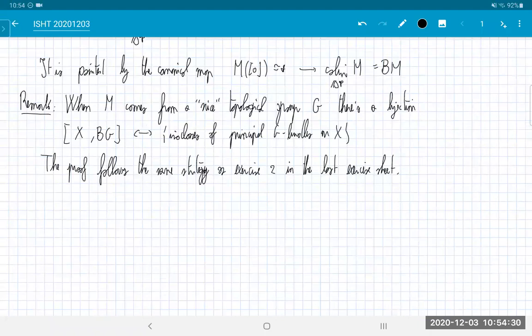Other questions? No. So if this G is a nice topological group, does this BG in our sense come from the BG in the topological sense some way? What is BG in the topological sense?